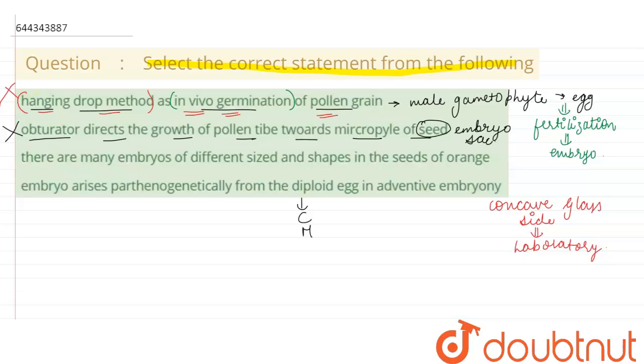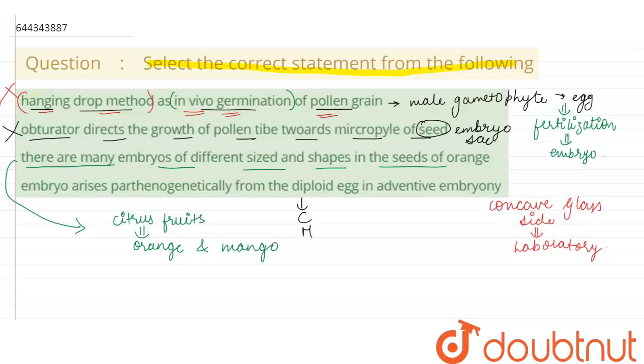If we discuss our next statement, it says there are many embryos of different sizes and shapes in seeds of orange. If we look at the case of citrus fruits like orange, about which they are talking, and if we take the example of mango also, in these cases there are many embryos of different sizes and shapes in seeds.